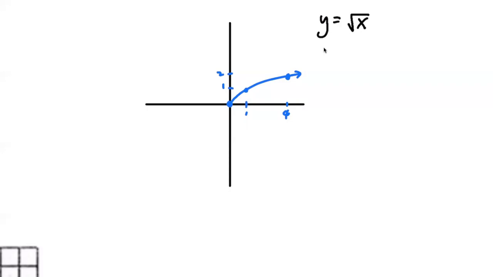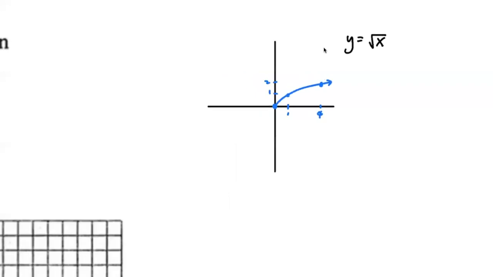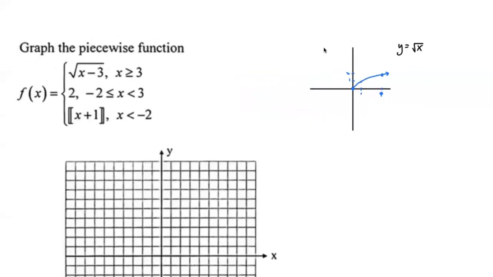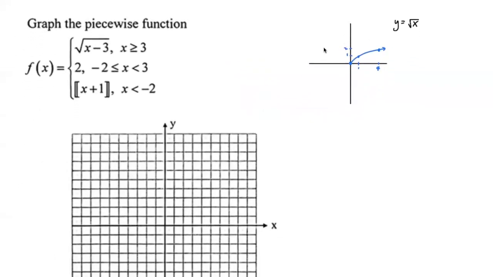So for this particular question, you may actually make a list of values, make a table to graph it, but you can also just know the shape of the graph because you know the values, and then you just go ahead and do the transformation.